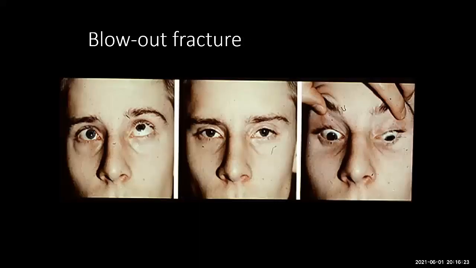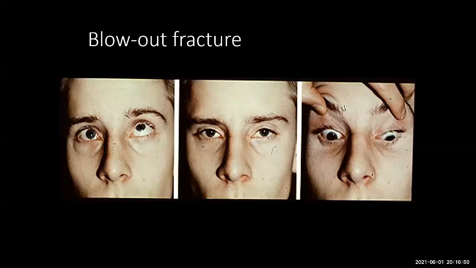Now, if you carefully see this patient, the middle photograph shows straight eyes. The picture on your left-hand side shows there's a defective up gaze. This patient is trying to look up, and the right eye is not moving up.